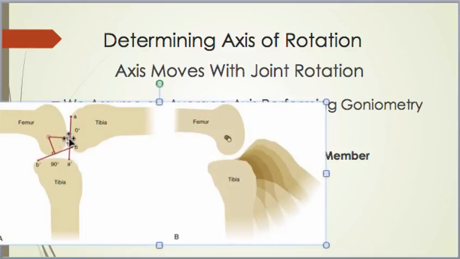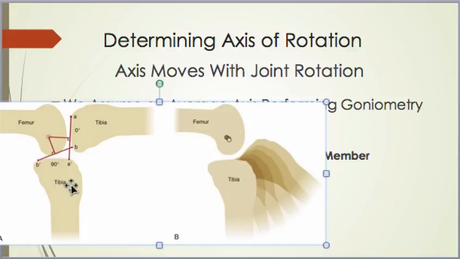See here, they have marked on the tibia point A and B, and as the joint flexes, so it goes from this position in a fully extended position, we flex the knee to 90 degrees, and the same points we draw perfectly perpendicular lines through the femur this way and through the femur this way, and the intersection of those lines is where the instantaneous axis or center of rotation lies.